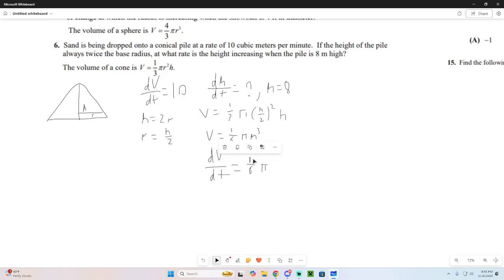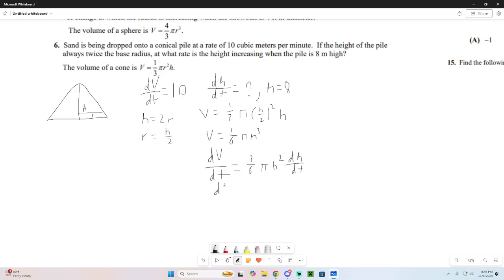The derivative of h cubed is 3h squared, so I'm going to put the 3 here. And we have h squared dh/dt. Alright, so now the 3/6 simplifies to 1/2, so we have pi over 2. And then h, we can plug in 8.